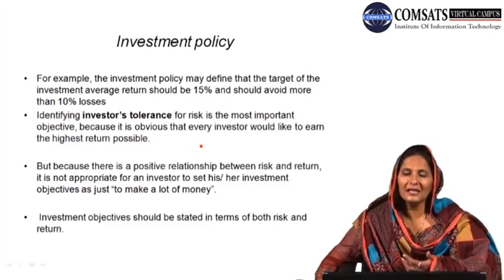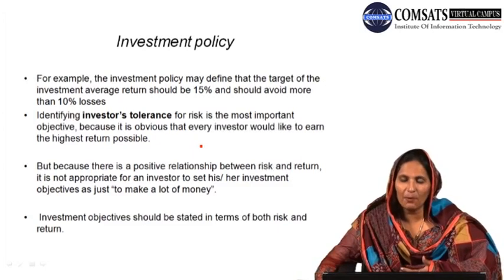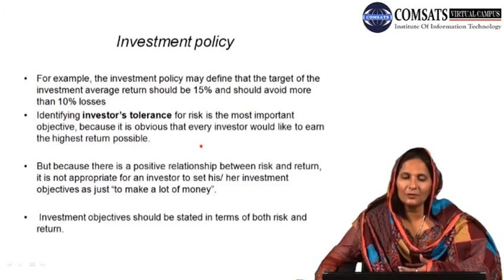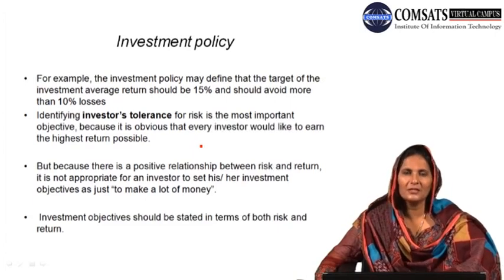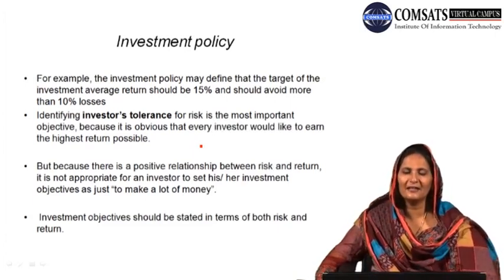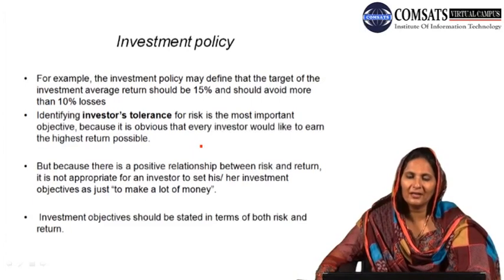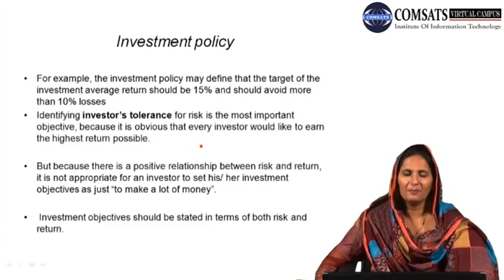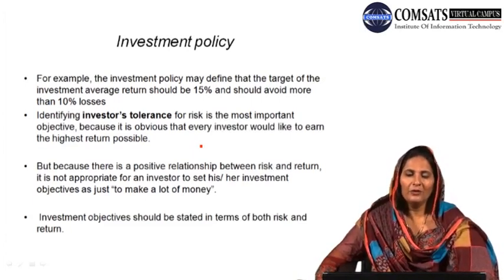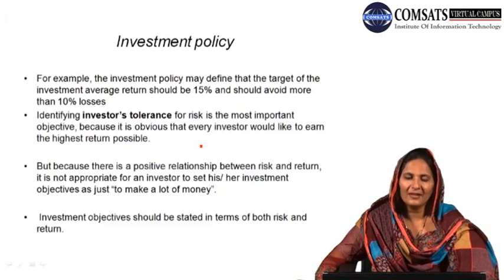And secondly, we settle another point, that the loss should not exceed 10%. That is, losses should not be more than 10%, and the return should not be less than 15%. So we have to identify the investor's tolerance for risk.